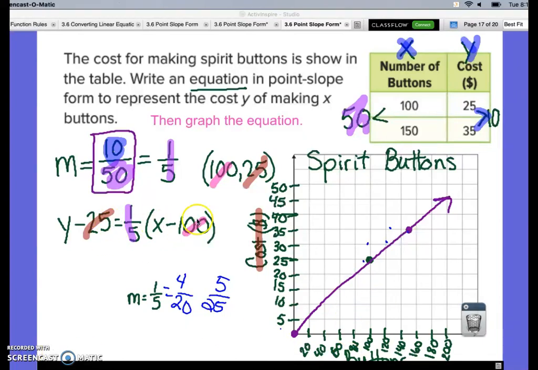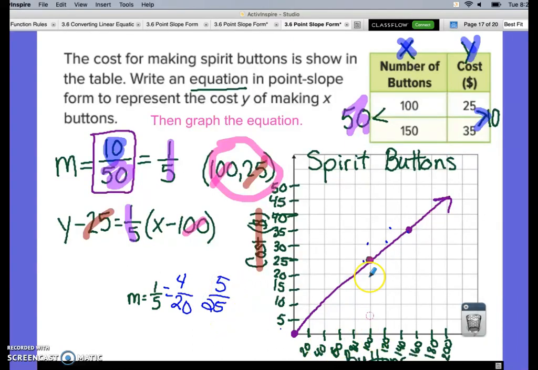Okay, then you're going to plot that point of over 100 and up to 25. So that is my first point that I graph, and then I'm going to go up 5 and over 25. Now here, up 1 over 5. That could also be simplified, or an equivalent equation would be 5 over 25.